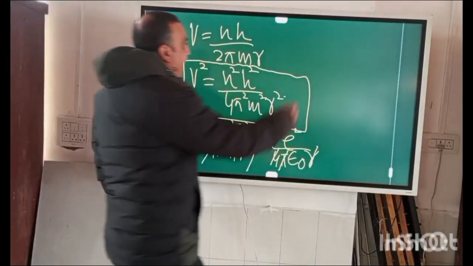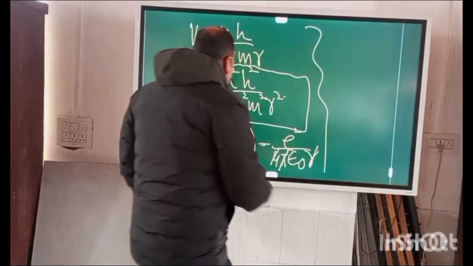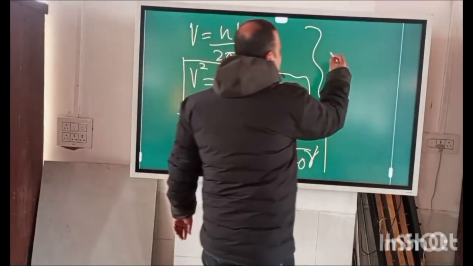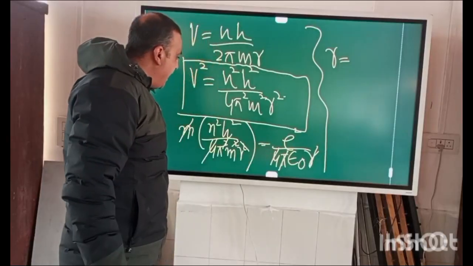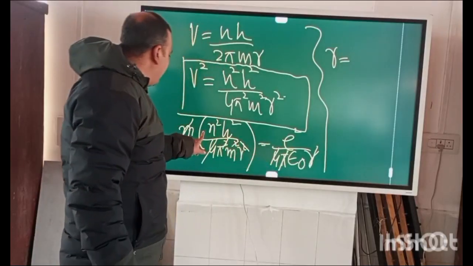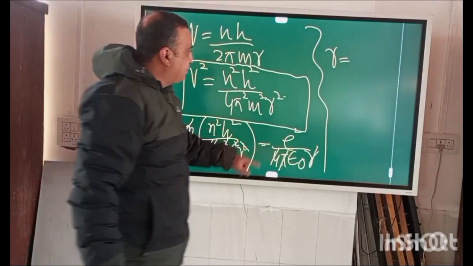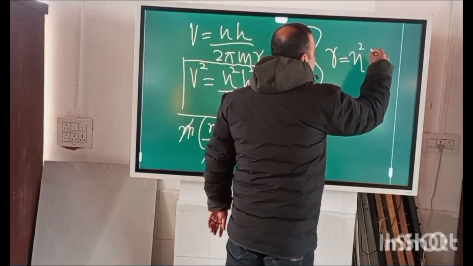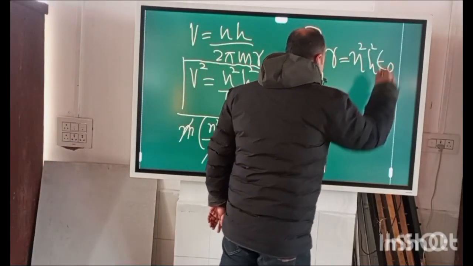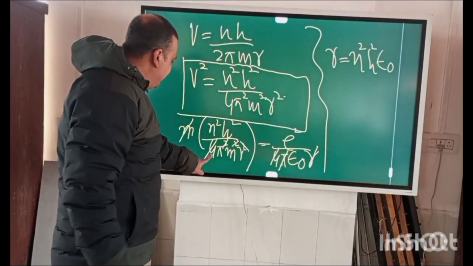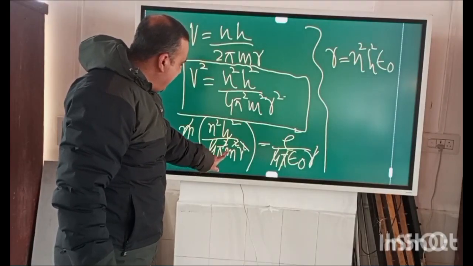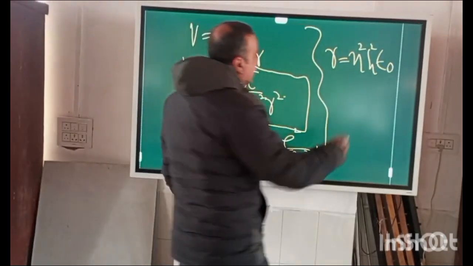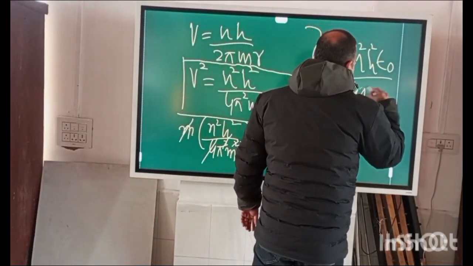So what will r be? I want r, so I will take r on the other side. So this is over r, and in the numerator I will have n square h square epsilon naught, divided by 4 pi.